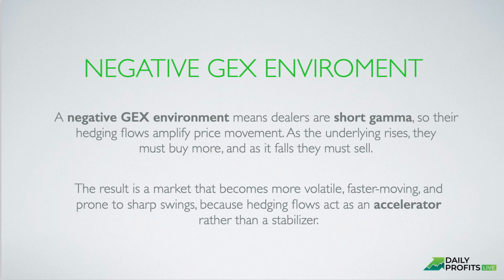So as the underlying price rises, they must buy more, right? And as it falls, they must sell, right? And this is a little like when we talk about a short squeeze. Basically, they're needing to sell into weakness, which creates further weakness, and buy into strength, which creates more strength.